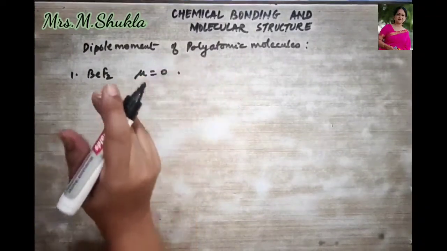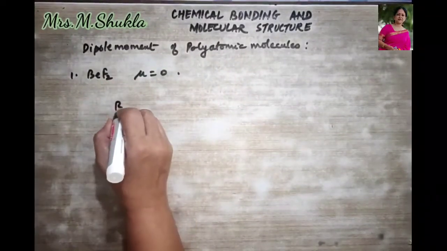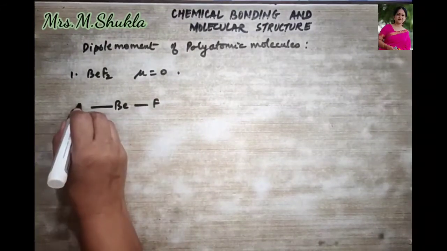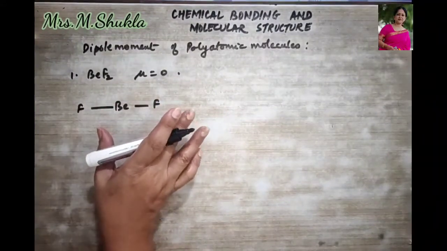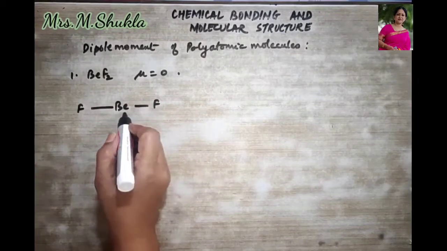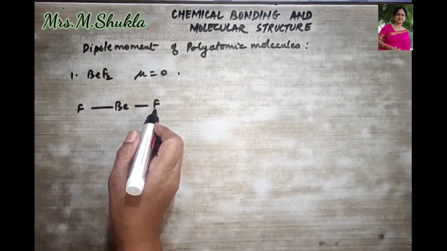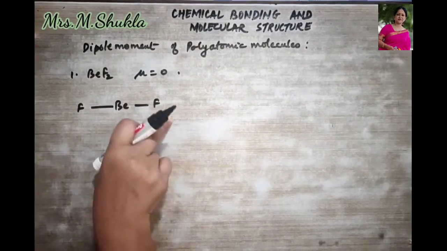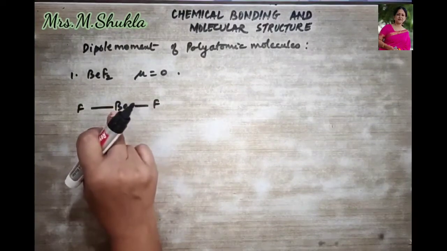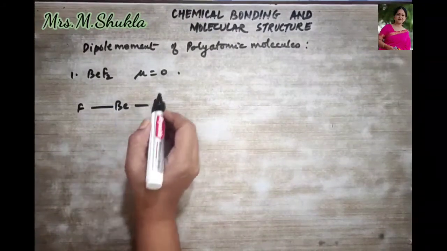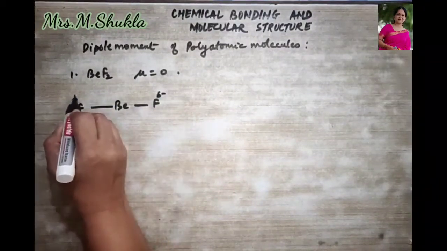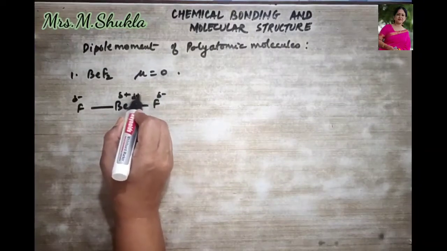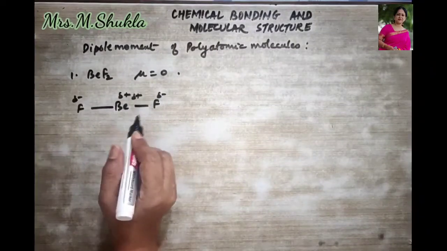Now look over here, that beryllium, F and F, right? So in this molecule, each beryllium and fluorine bond is polar. Why? Because F is more electronegative than beryllium. So this is electronegative, this is electronegative, and this will be electropositive this side, isn't it?